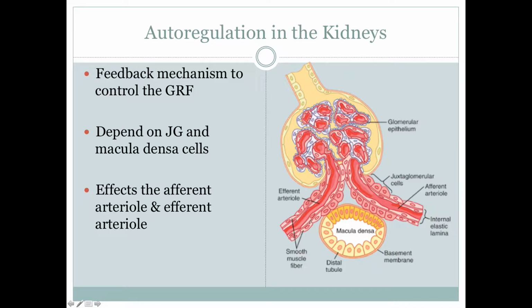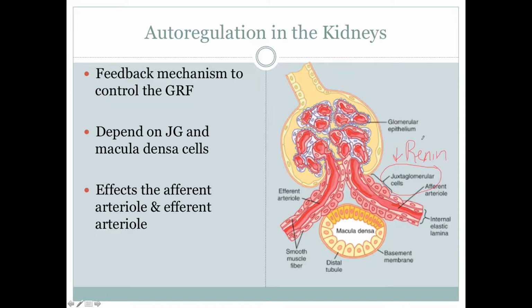There's also this internal mechanism. So the JG cells, the juxtaglomerular cells, they sense blood pressure. They specifically sense things like ischemia. So when blood pressure is low, juxtaglomerular cells secrete a product called renin. And renin is part of the renin-angiotensin-aldosterone system.